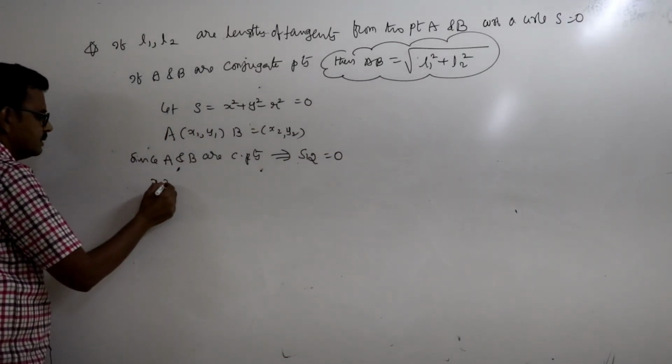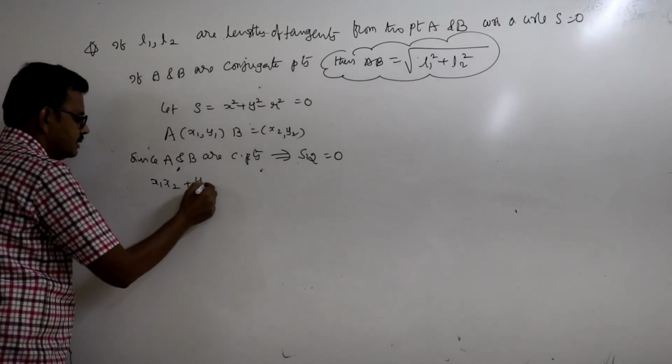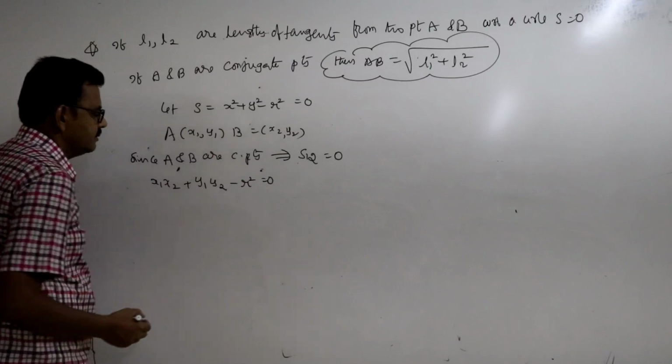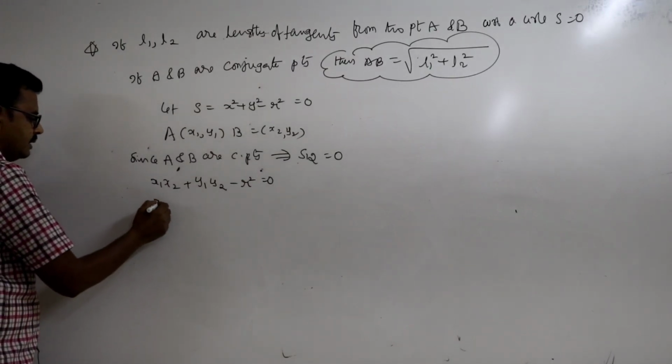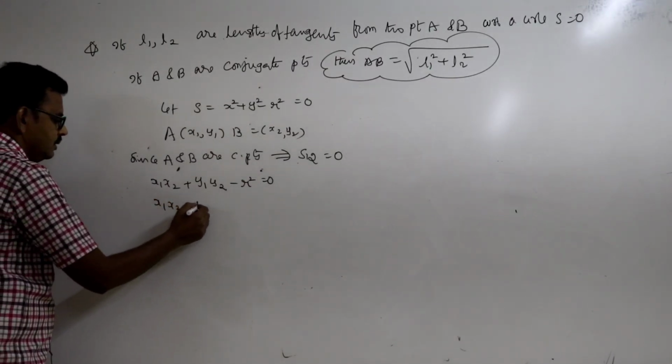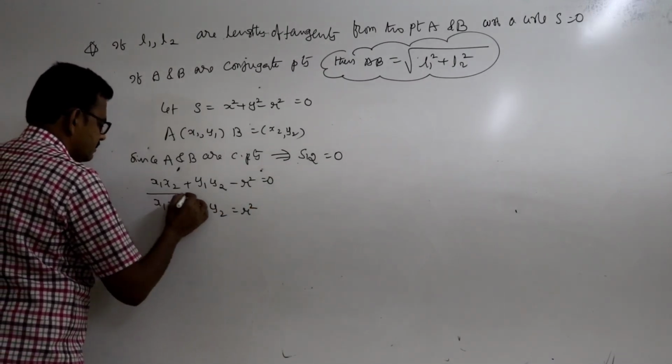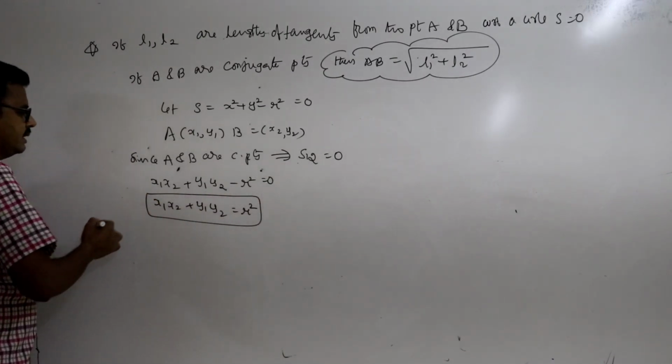That is x1 x2 plus y1 y2 minus r square equal to 0, that is x1 x2 plus y1 y2 is equal to r square. So this is one condition.